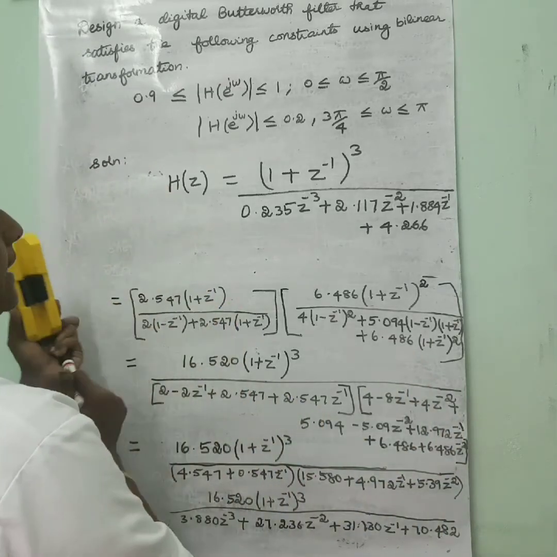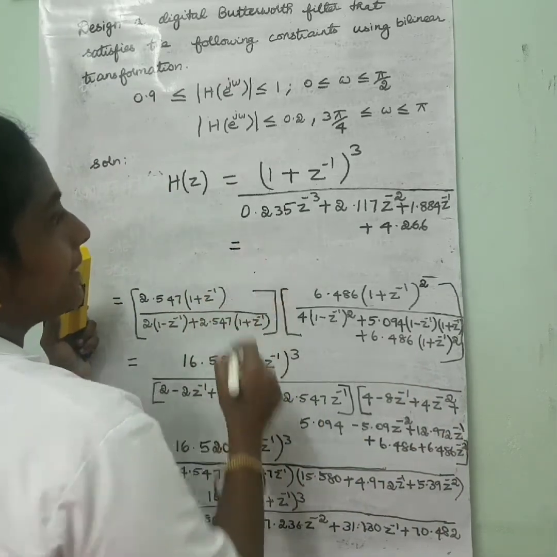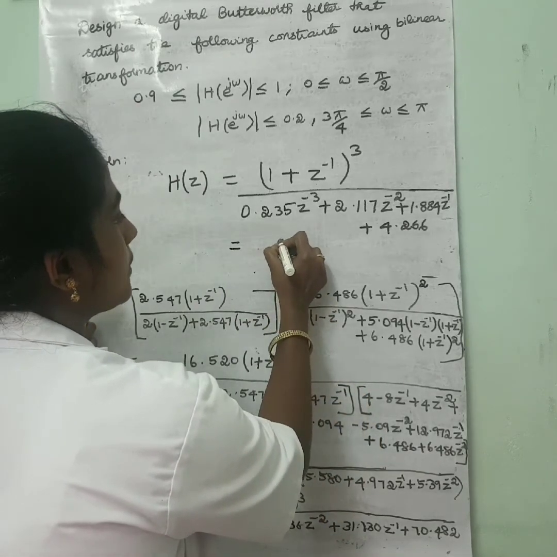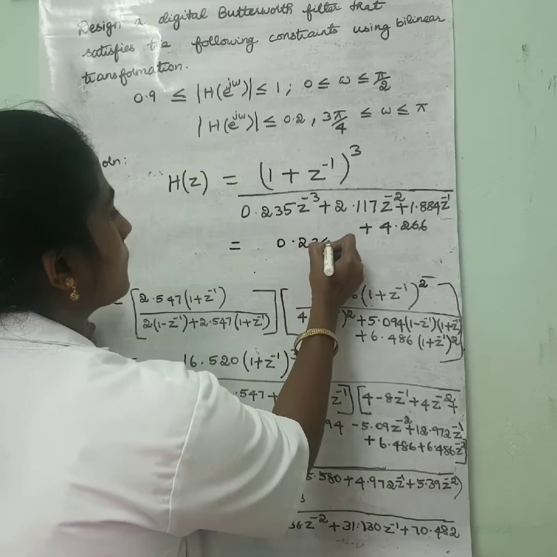When you are dividing, you will get 1 by 4.266, whose value is 0.234.